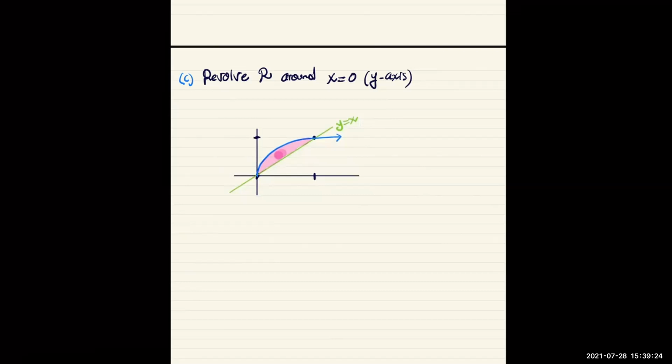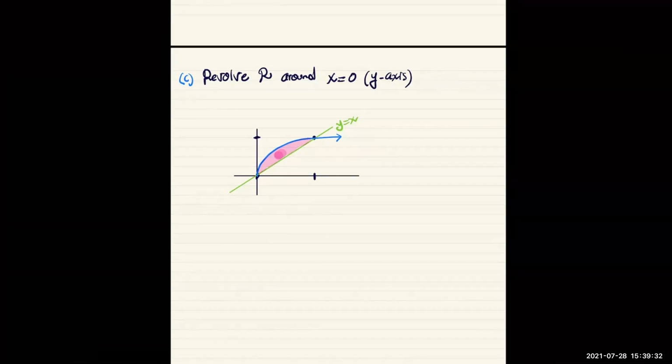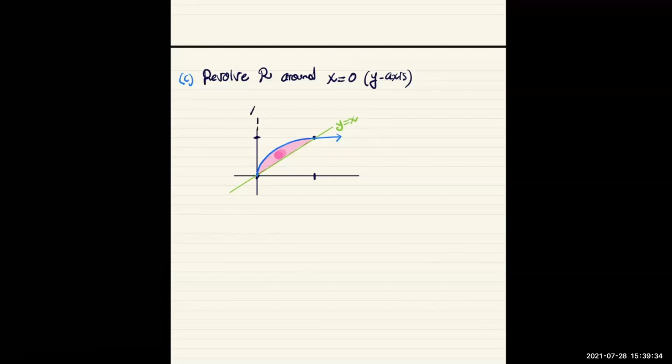So things are not going to work out the way they did here, okay? Because when this goes around x equal to 0, then this is what the solid is going to look like.